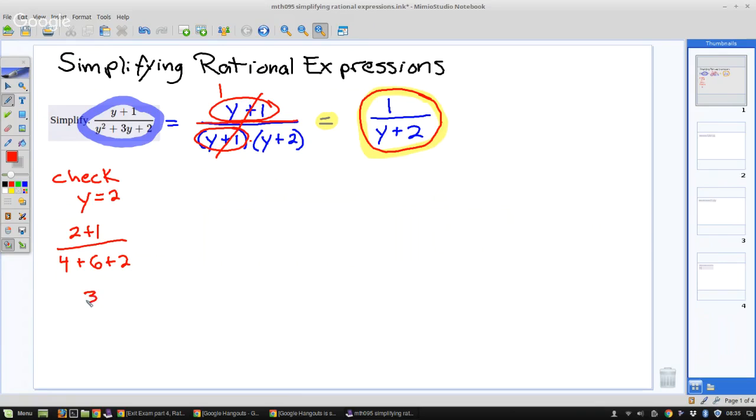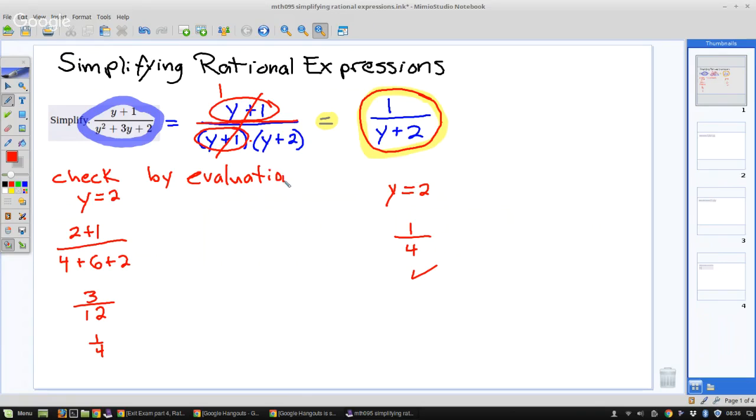So that gives me 3 over 12, which reduces down to 1/4. When I plug y equals 2 into this one right here, I get 1 divided by 2 plus 2, and so I get the same value. So this is called check by evaluation.